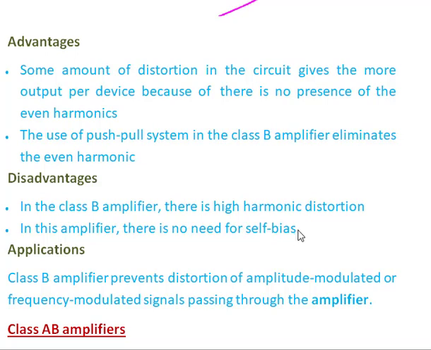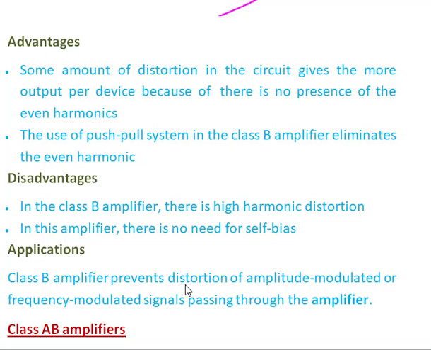What are the applications? This class B amplifier is used to remove the distortion in amplitude modulated or frequency modulated waves. You know well what amplitude modulation is. A high frequency carrier wave and a low frequency message carrying signal, that is a modulating signal, are combined.